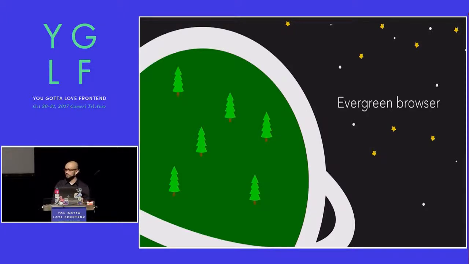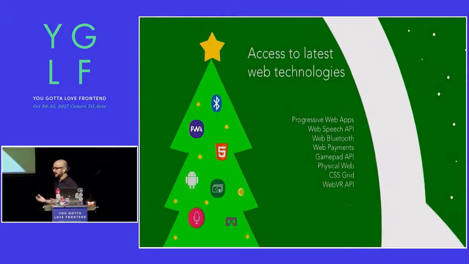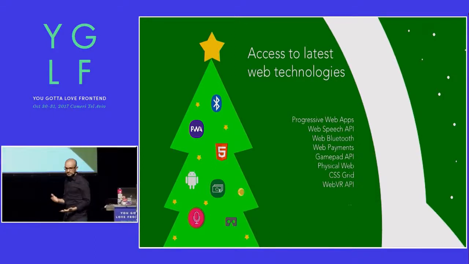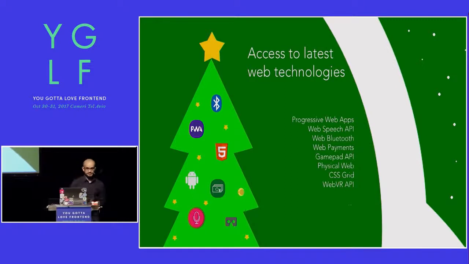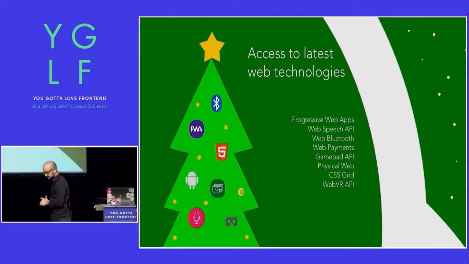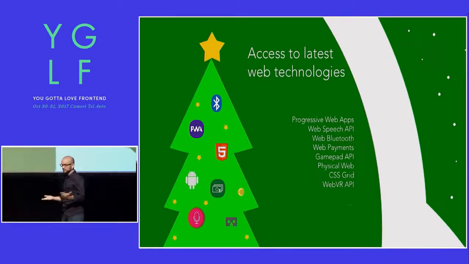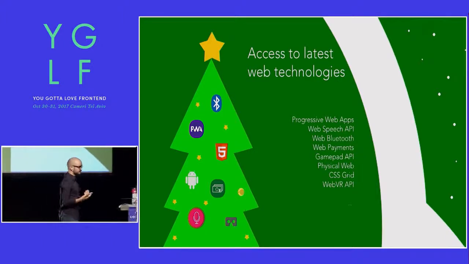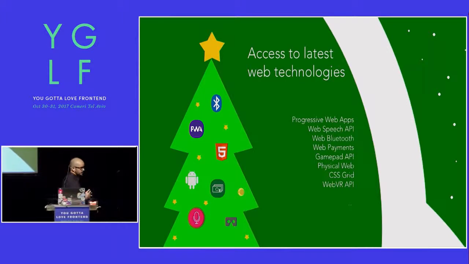So if you're a web developer, it's like Christmas every single day, because you're getting access to things like progressive web apps, web speech APIs, Bluetooth, payments, gamepads, physical web, now CSS Grid, and the one that brought us here today, which is the WebVR API.